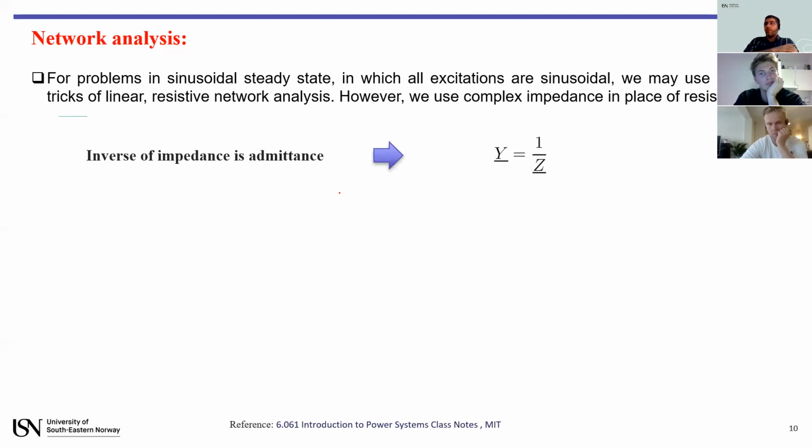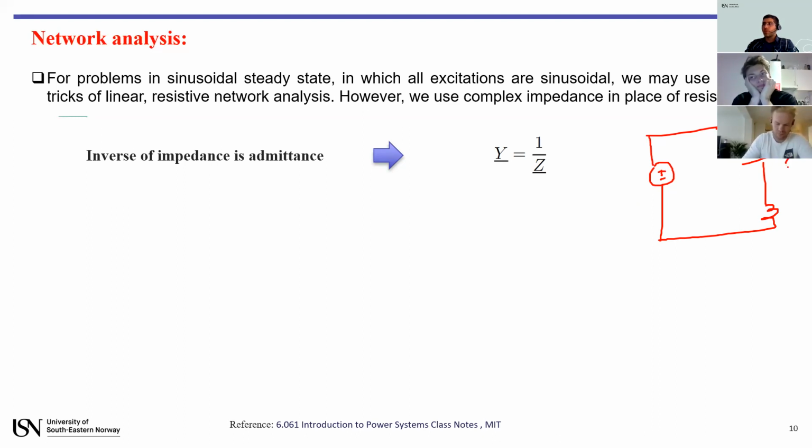For example, suppose you have a circuit in this way, and for example, it has a voltage source. If the system is without transient, without fault, instead of a resistor you can use R, instead of a capacitor you can use 1 over j omega C, and instead of an inductor you can use j omega L. And this is a complex value.